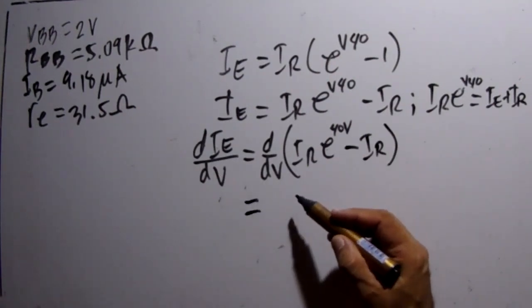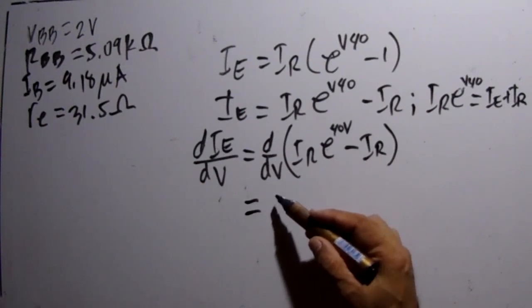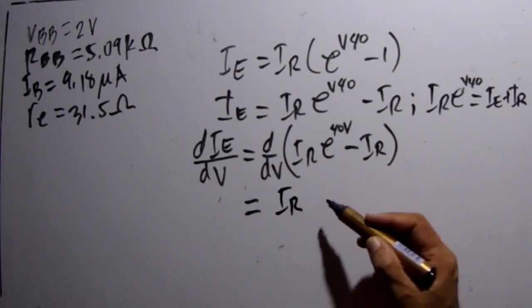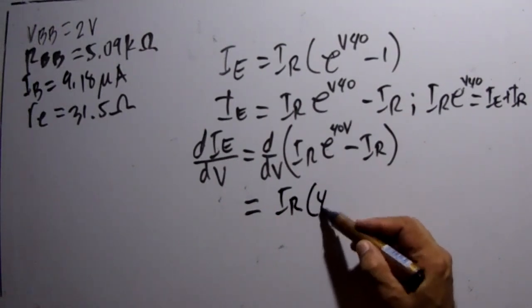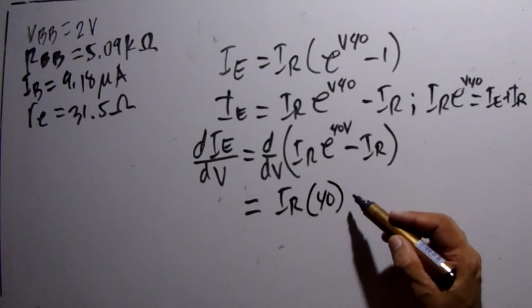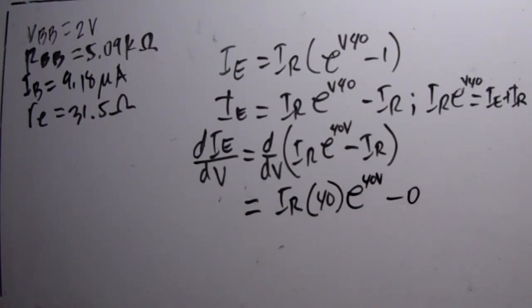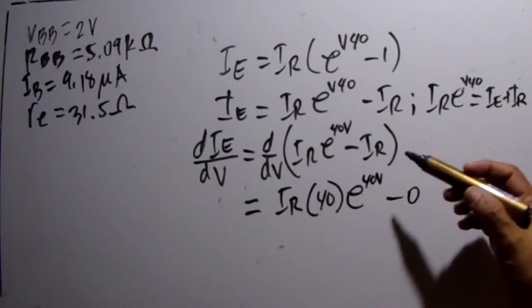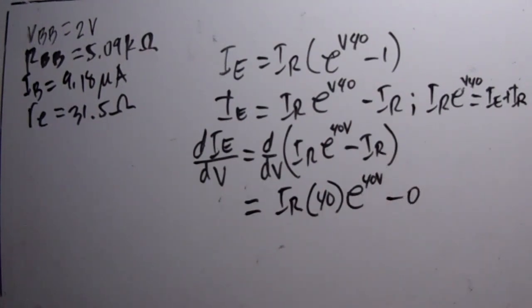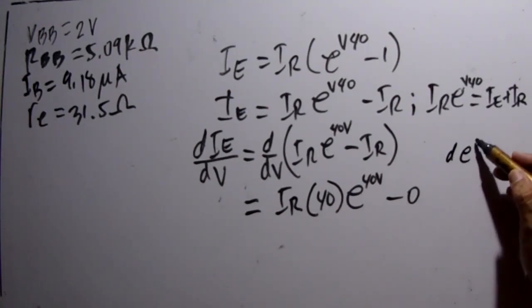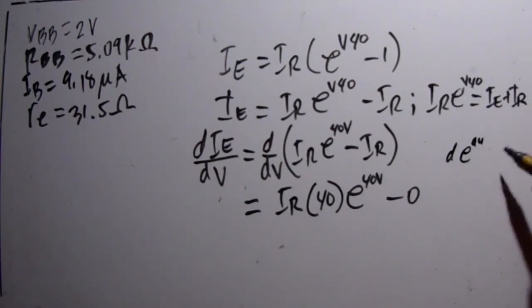This reduces to taking the derivative of the exponential function, IR multiplied by 40 times e raised to 40V, minus 0, because the derivative of IR as a constant is equal to 0, and the derivative of the function e raised to the u is equal to e to the u du.